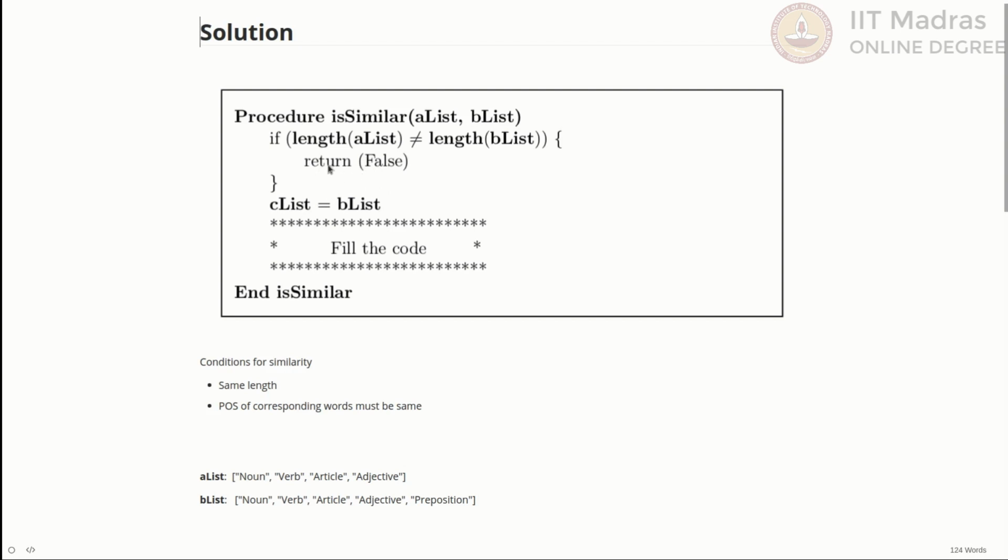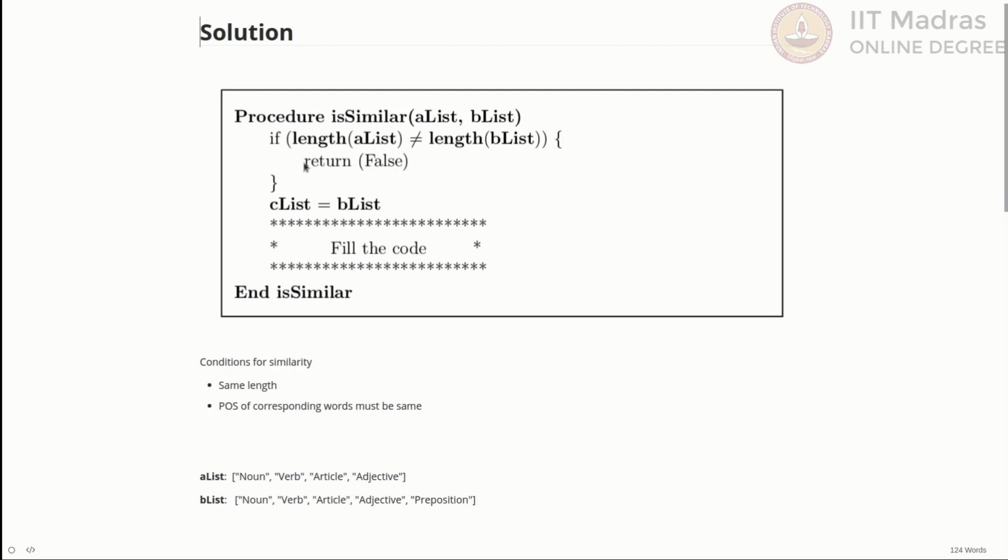The moment a procedure returns a value, that means the procedure terminates. So the moment the procedure terminates, we have to exit from it. There is no point in considering all these other lines of code even though they are there after this particular line has been executed.